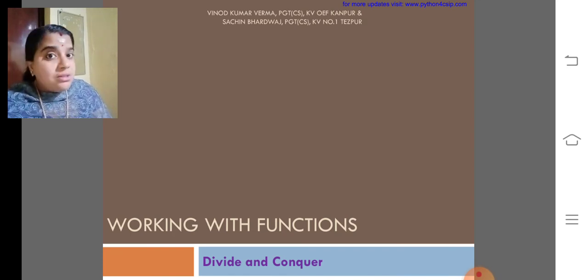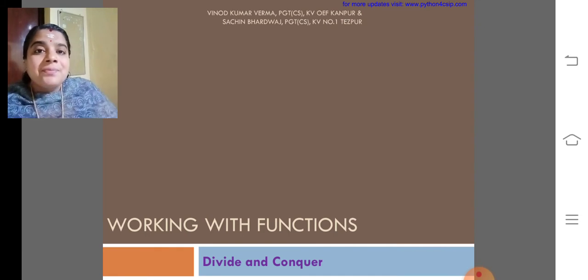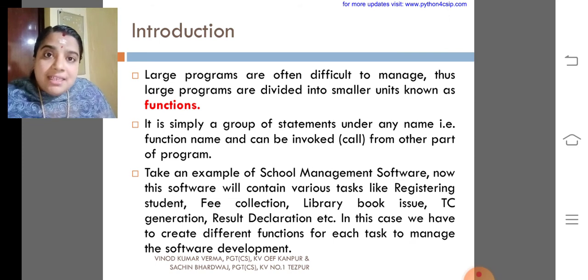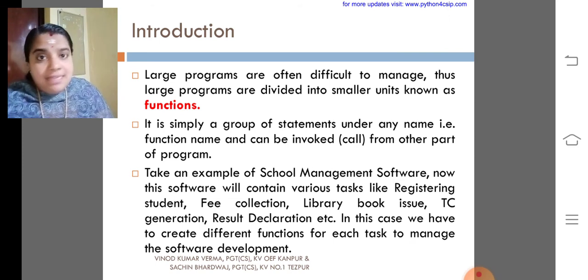This chapter also we had discussed in the month of March. Can you recollect some points of functions? Functions means what? A small set of statements under a name.